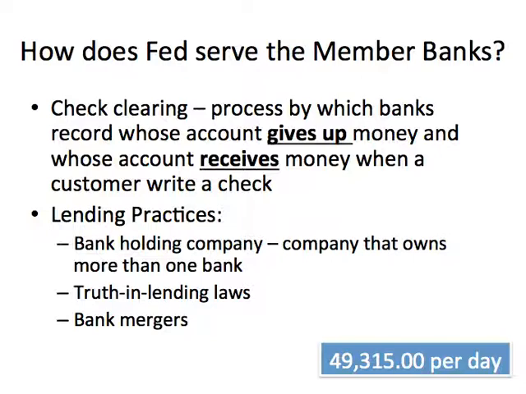So Wells Fargo is a member bank of the Federal Reserve, and Wells Fargo has been in big trouble lately. It's been a little while now, but what was taking place is a lot of their tellers and bankers were working together to create accounts that were not really opened by their customers.